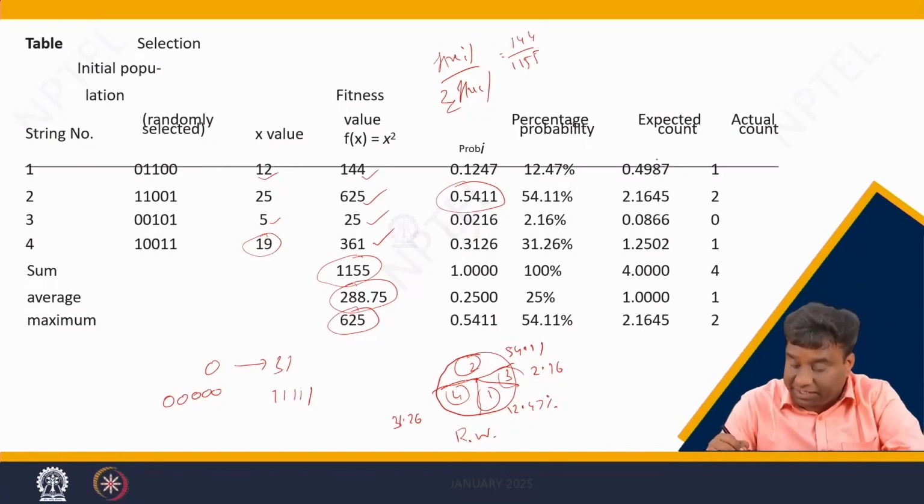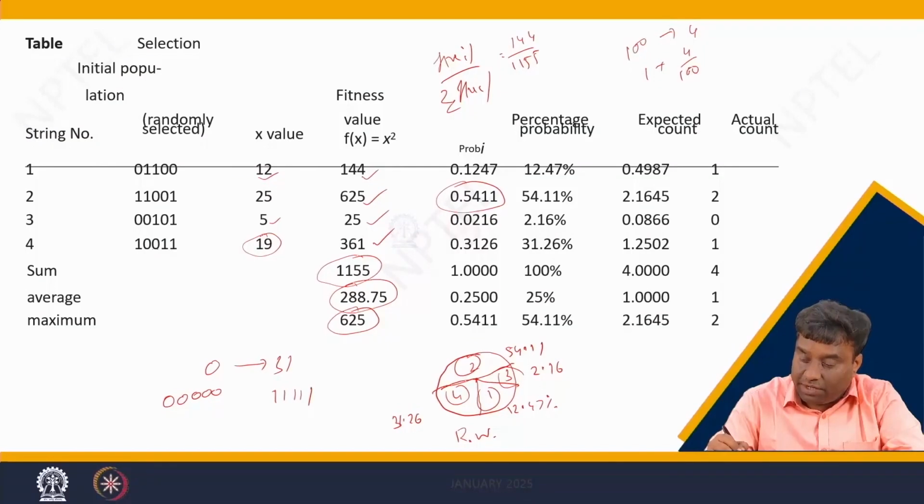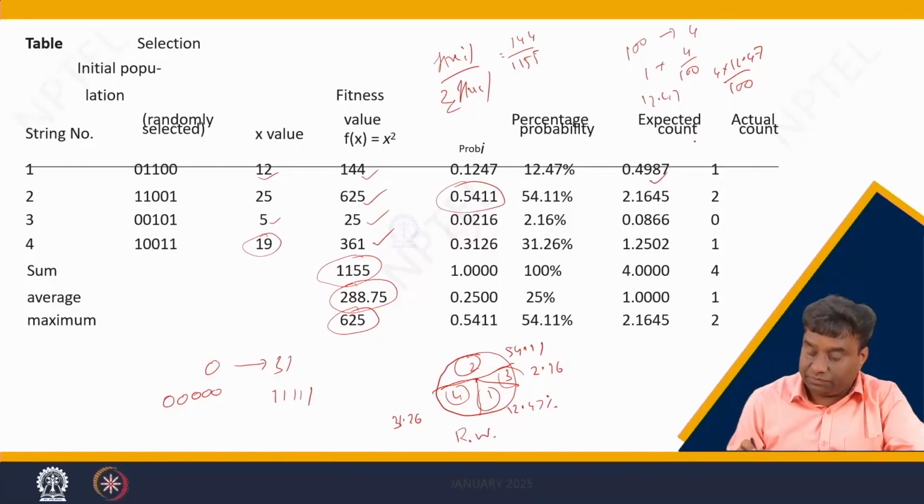Now try to understand the expected count. The expected count is f(x) by the average, but you can solve it in this way also. For 100% it is equal to 4. For 1% it is 4 by 100. For 12.47% it is 4 into 12.47 by 100, so you will get 0.4987.